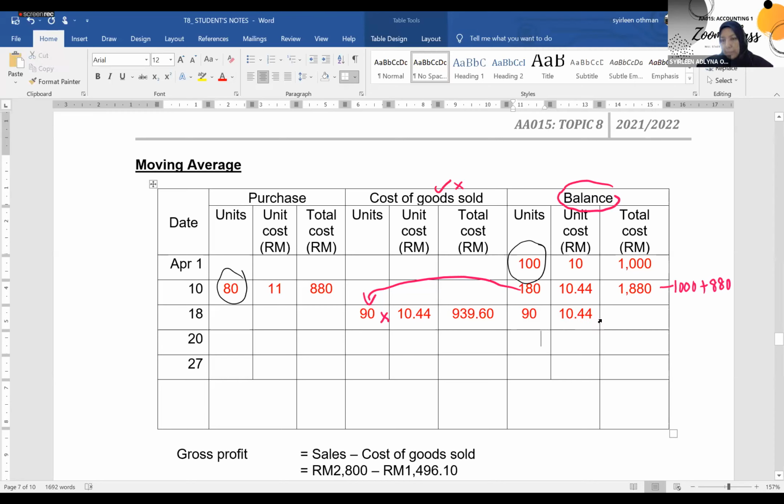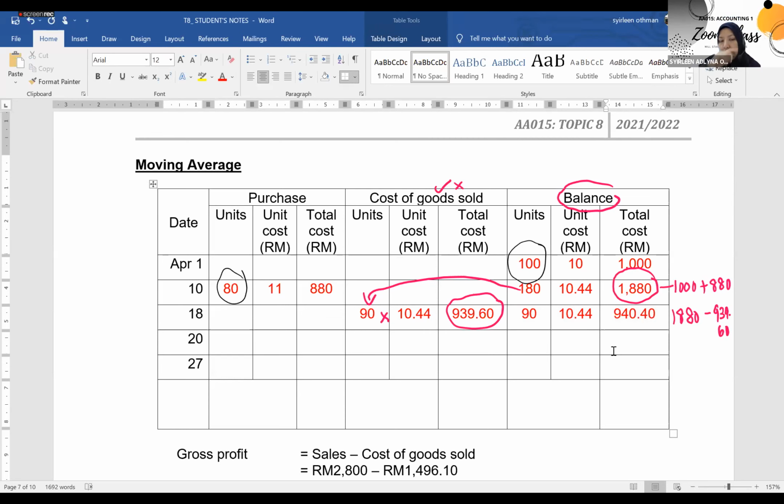Jangan darab ya, you ambil 1880 yang ni, you minus yang ini, minus 939 ringgit and 60 cents, so you akan dapat nilai di sini is 940 ringgit and 40 cents.